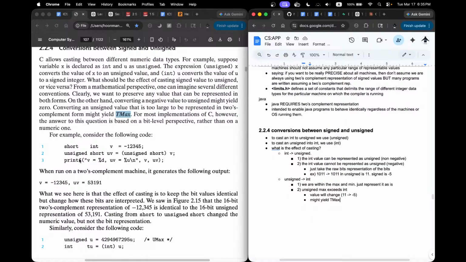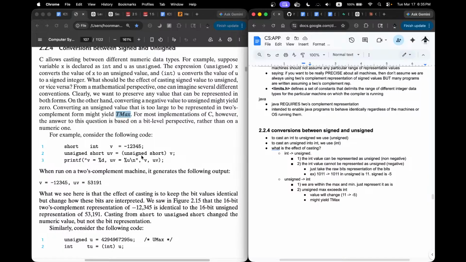Okay, we have a short int v, which is -12345. We have an unsigned short uv, which is (unsigned short) v.